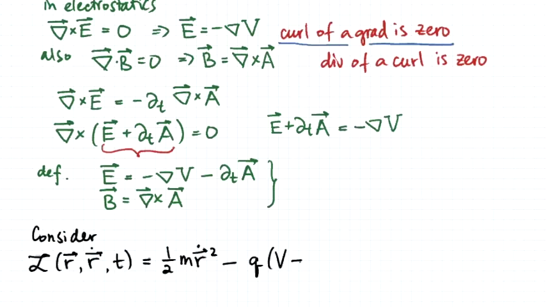And here comes the part that will be new to us. Velocity times vector potential. Up until this point, it looks just like the familiar kinetic energy minus potential energy. But then we have the additional term that, as you'll see, will be responsible for generating the proper Lorentz equation as equation of motion.